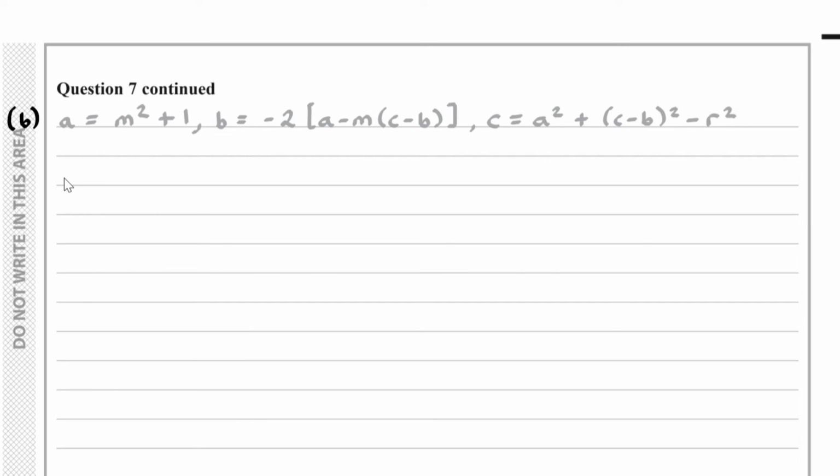And so if we were to use the discriminant, b squared minus 4ac equals 0, because we've got L being a tangent.